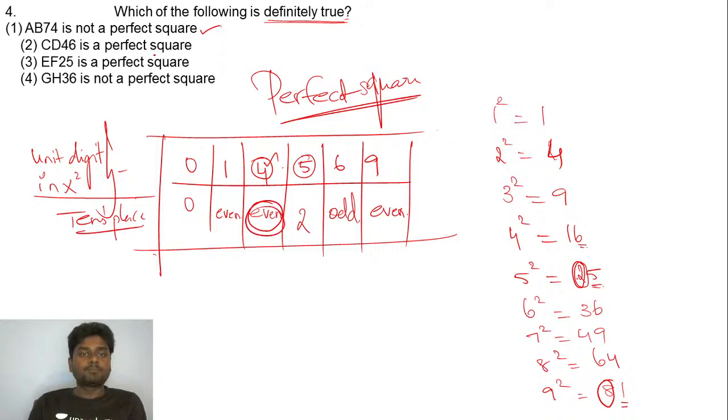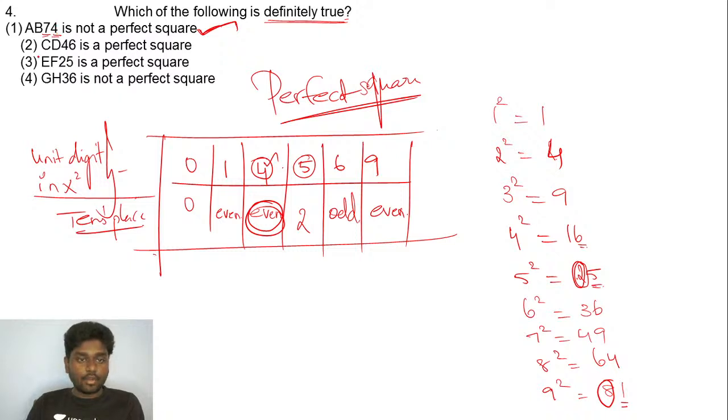But if you see here, you have 4 in the units place, but in the tens place you are not having an even number, you are having an odd. So I can 100% say that AB74 is not a perfect square. Super. Let's go and cross check the 2nd, 3rd, and 4th options as well.